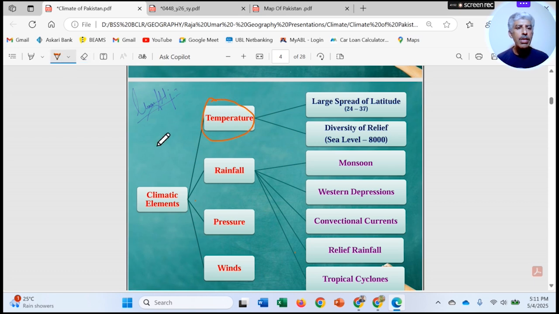We will talk about the temperature variations, why certain variations come to bring changes in the temperature of different regions of Pakistan. These are only two, but we will discuss a few more there. So up till now this is over from my side.